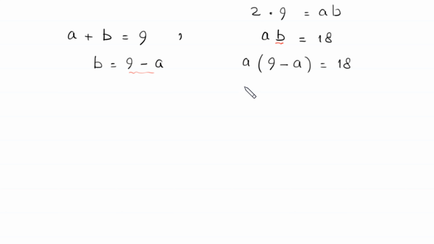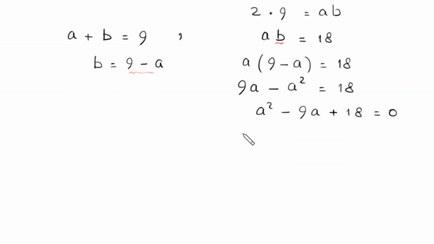Distribute a: 9a - a² = 18. Move these two terms to the right hand side: a² - 9a + 18 = 0. Now this is a quadratic equation and is factorable.